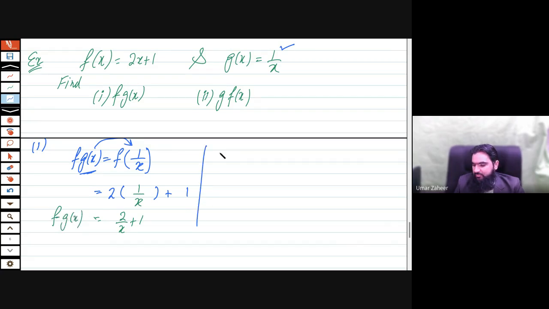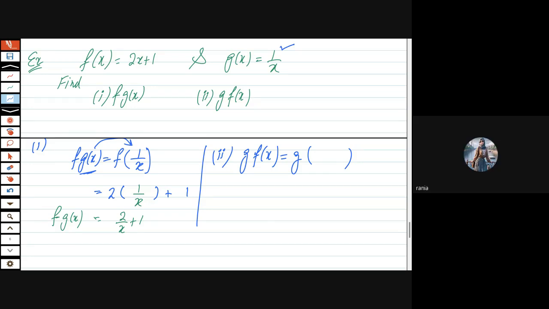In the same way, if you are finding g into f of x, g as it is, we will substitute the value of f of x. What is the value of f of x? 2x plus 1.